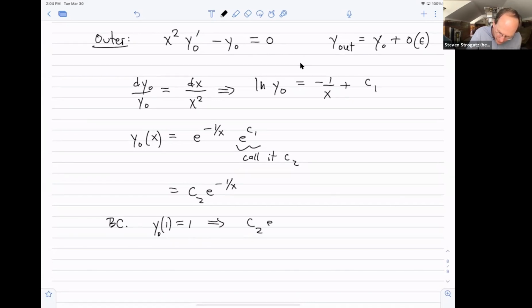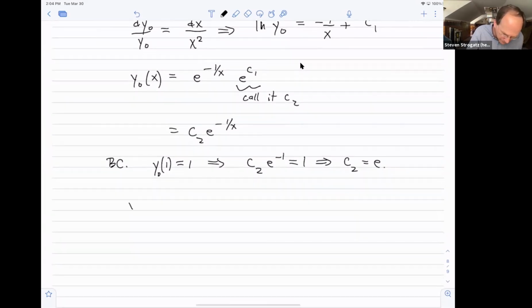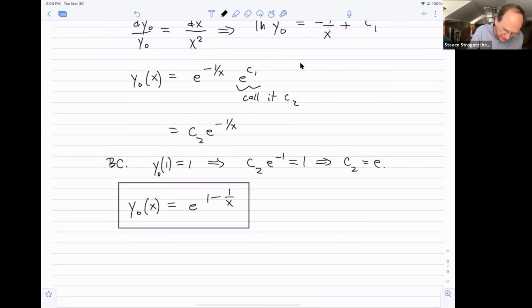That tells me that C2 e to the -1 is 1, so C2 is equal to e. And so I'm believing at this point that y0 of x is e to the 1 minus 1 over x as my outer solution.